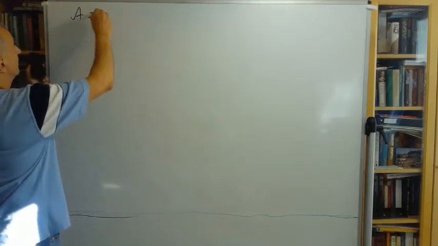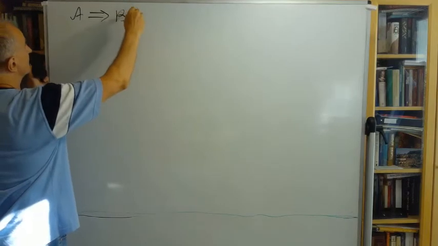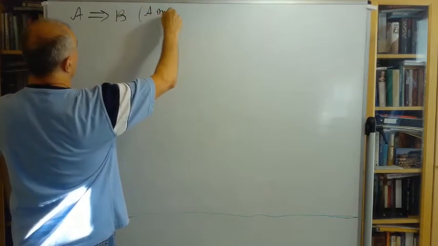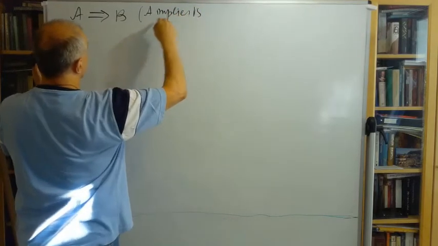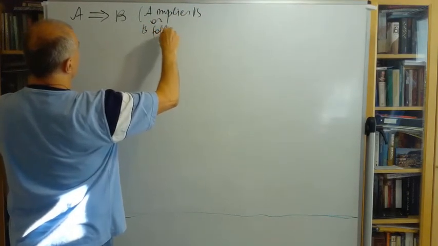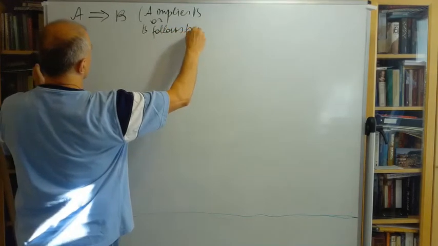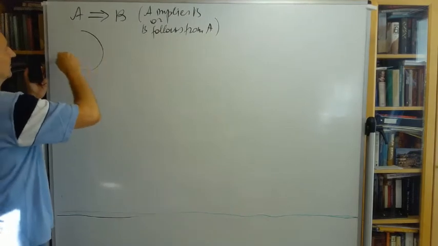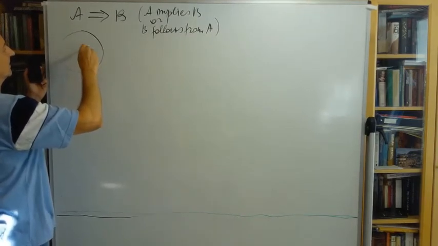A implies B. It says A implies B, or B follows from A. This can be illustrated by a Venn diagram.